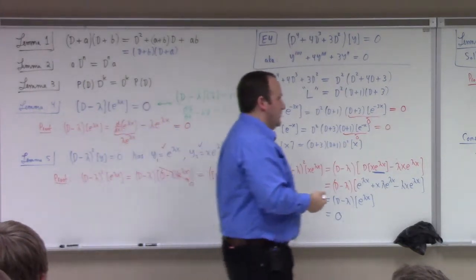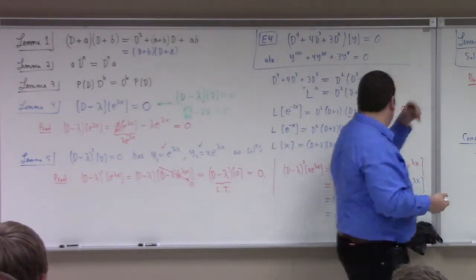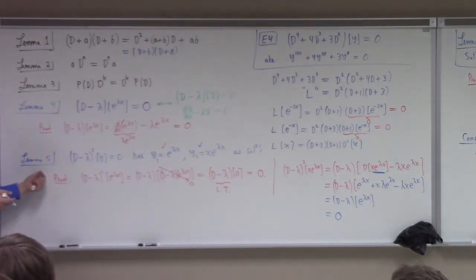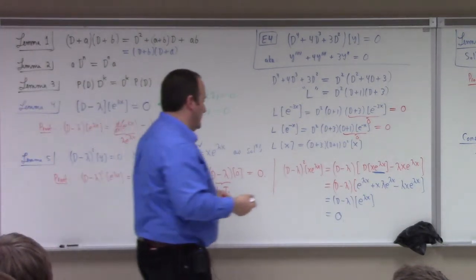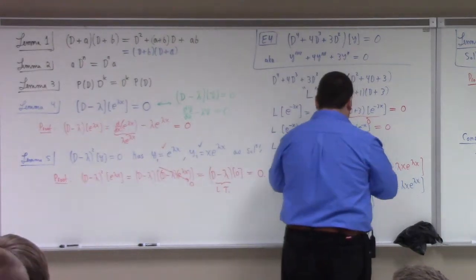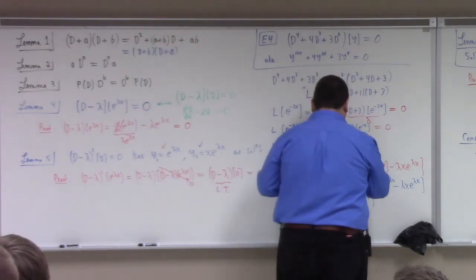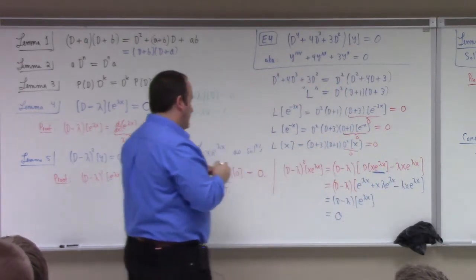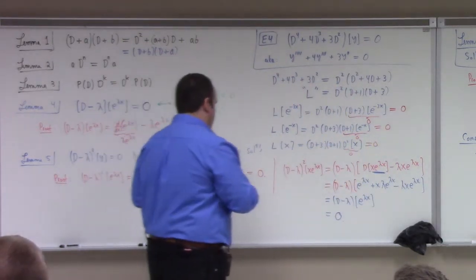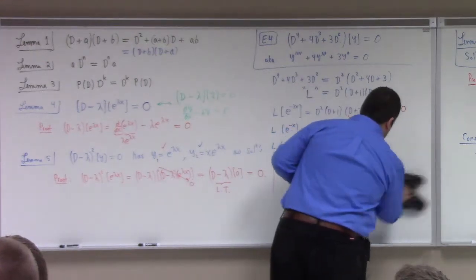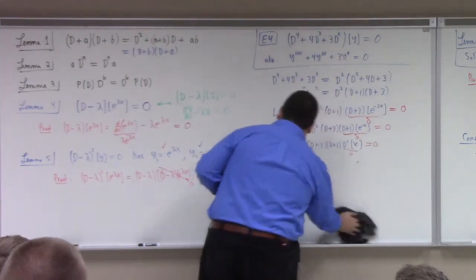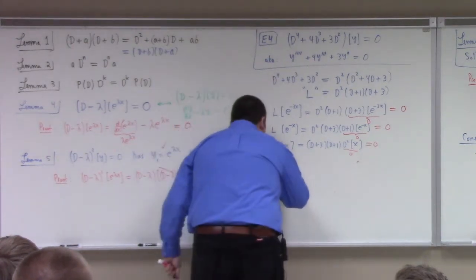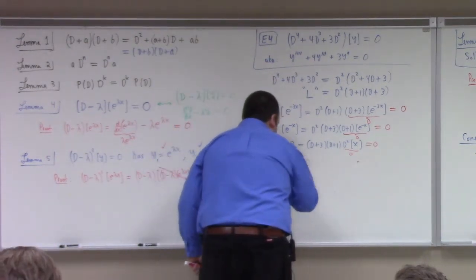I'm really using lemma 5, y2 is x. So, again, what do we get? 0. And in fact, there's another one, which I won't write all the gory details down. I'll just write it down because I'm trying to make a point here. So L of 1 is also equal to 0, okay?